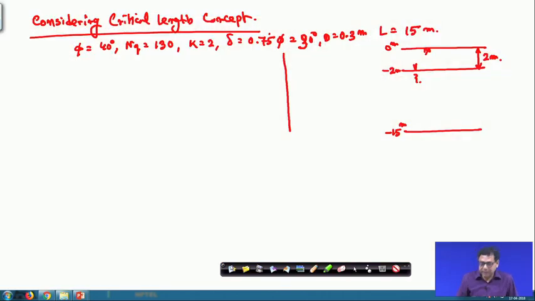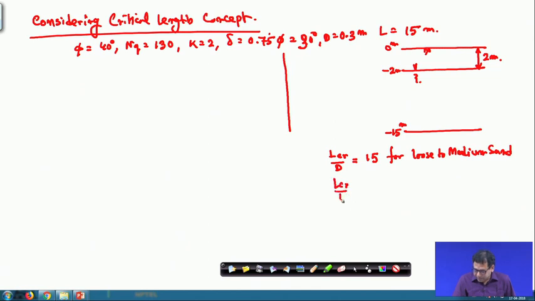If you see the note from the last to last class, you will find that critical length by D is equal to 15 for loose to medium sand, and critical length by D is taken as 20 for dense sand.